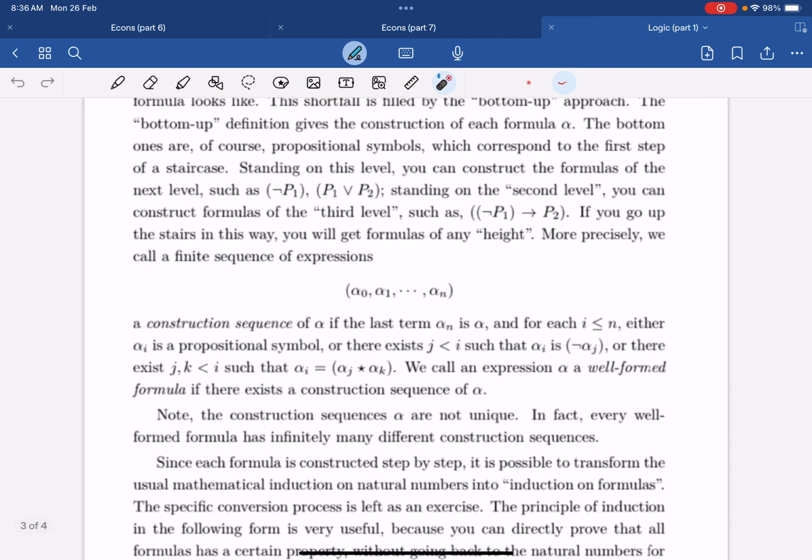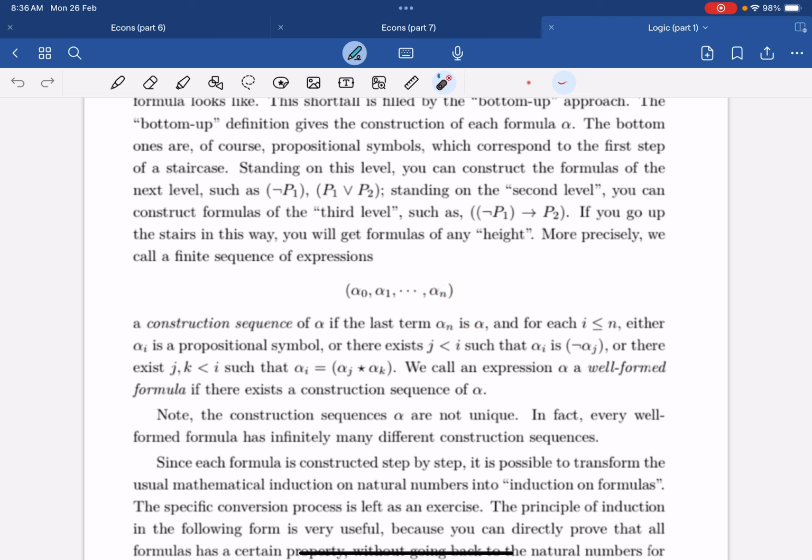So what we want to say precisely is that we can call a finite sequence of expressions A0 to AN, where AN is the expression that you want, known as alpha.